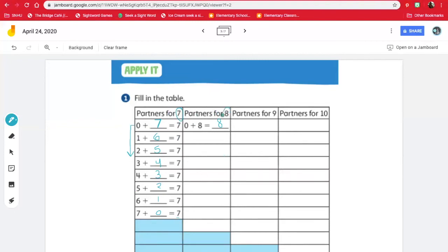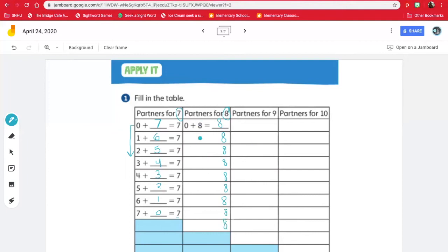And if these are partners for 8, all the answers are going to be 8. So I'm going to fill that in real quick. There we go.